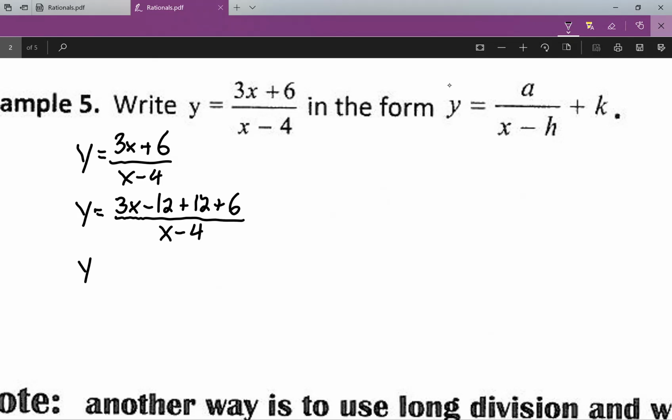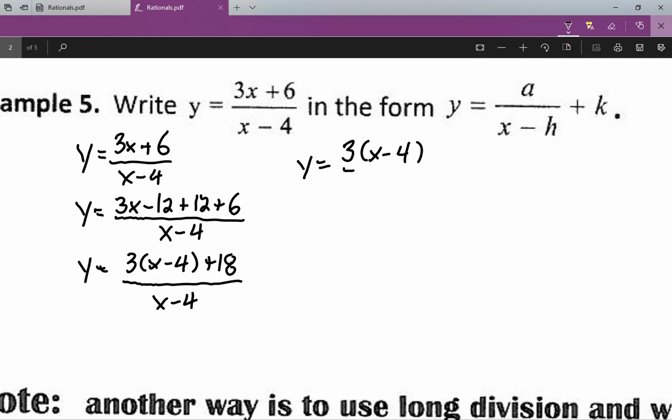From there, I again bracket off my first two terms, and I factor the 3 out of the first two terms. So I get 3 bracket x minus 4 plus 12 plus 6, which is plus 18, and that's all going to be over the x minus 4. Again, I use the fact that my fractions are separable, so we get 3 bracket x minus 4 all over x minus 4 plus 18 all over x minus 4.